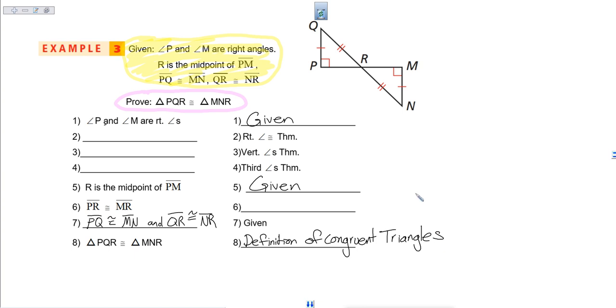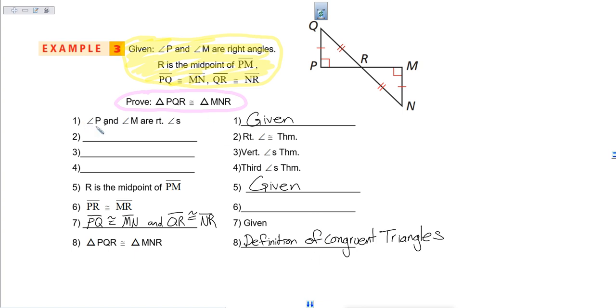And that will be what you have every time. So, I already filled in half of my proof and didn't work through the other things. You can get half of your points by filling in your given information and putting down your last step as definition of congruent triangles.